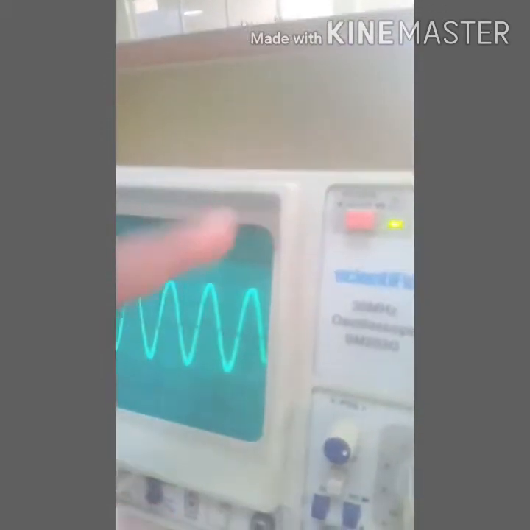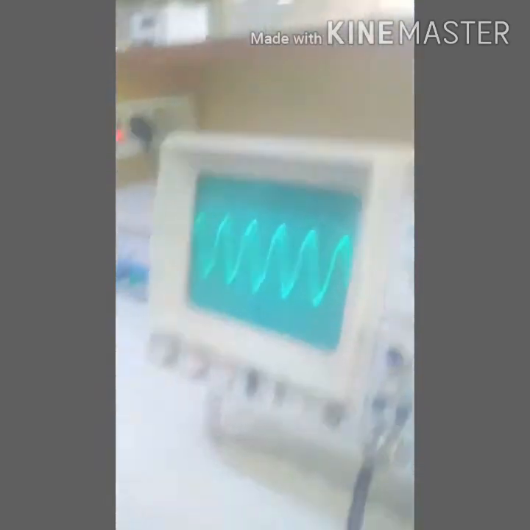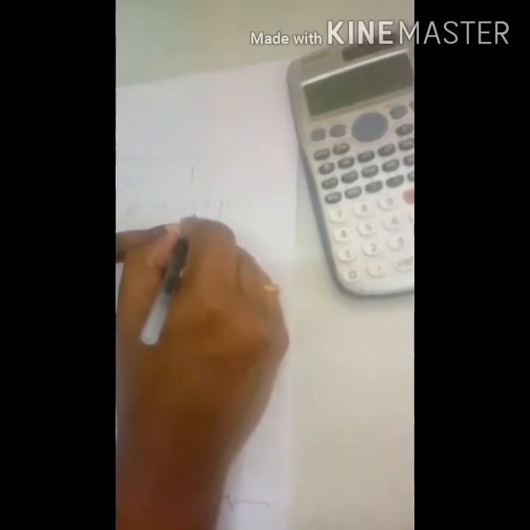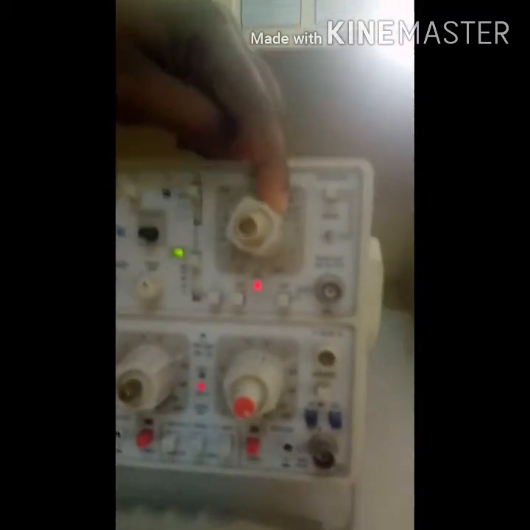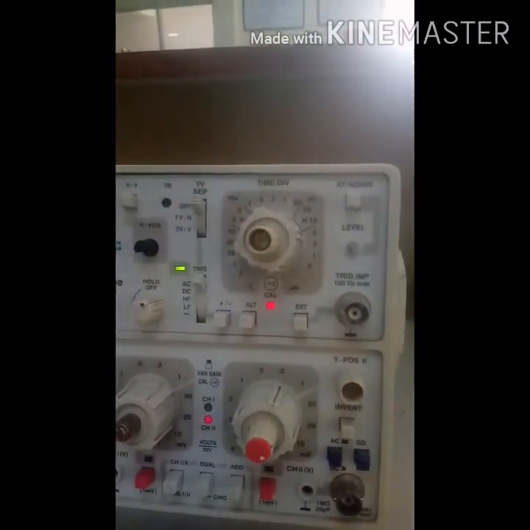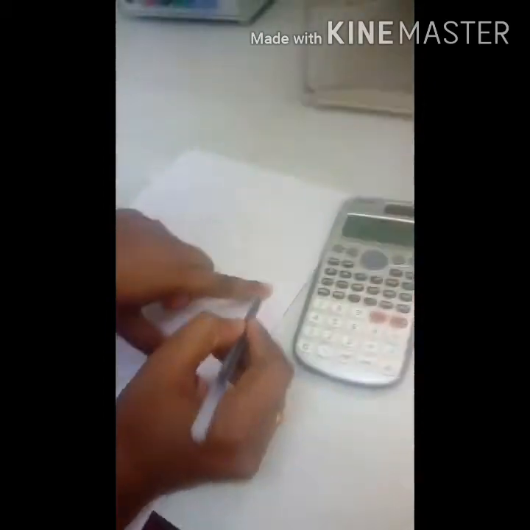For this one complete cycle, you have to take the readings. Whatever we have got is 10 microseconds, so the time period for one cycle is 10 microseconds. How do we calculate frequency?